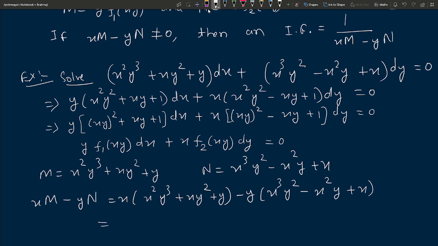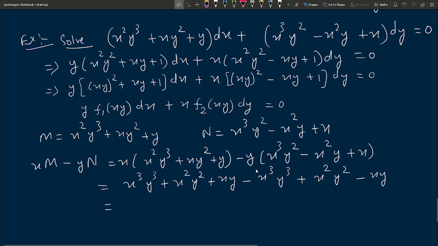This is equal to x into x cube y cube plus x square y square plus xy, minus y into x cube y square minus x square y plus x. Simplifying, the x cube y cube terms cancel and the xy terms cancel.